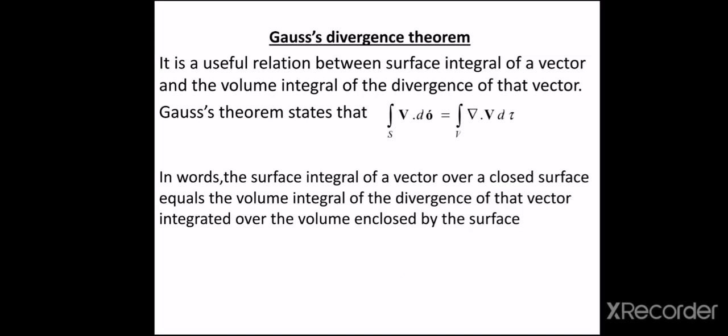It is a useful relation between the surface integral of a vector and the volume integral of the divergence of that vector. It states that integral of v dot d sigma equals integral of del dot v d tau. In words, the surface integral of a vector over a closed surface equals the volume integral of the divergence of that vector integrated over the volume enclosed by the surface.